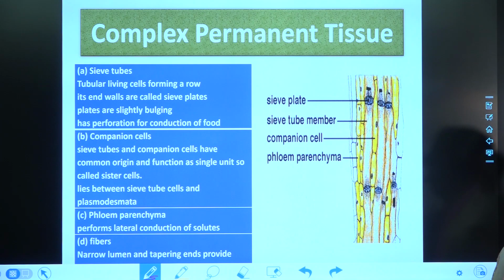Sieve plate, tube, companion cell, phloem parenchyma, all these things.